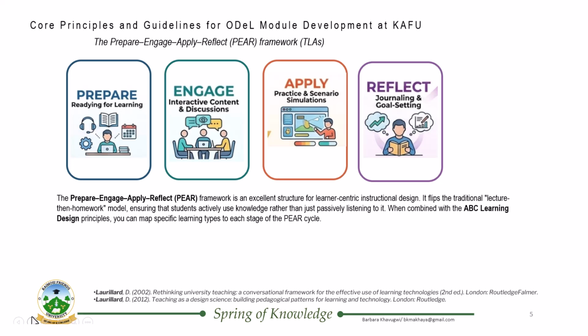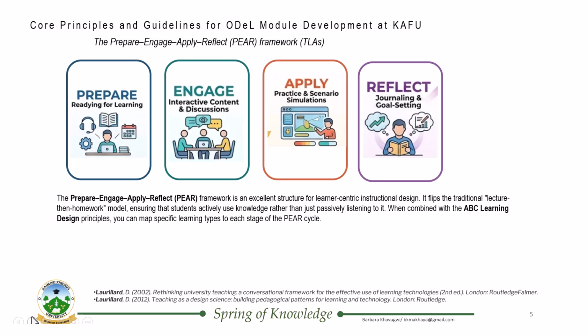If it is mathematics, you can give them some questions to attempt, and if you're teaching writing skills, you can give them some excerpts to write and share in the assignment for you to grade. So at the application level, you want to see that learners are able to demonstrate their learning.